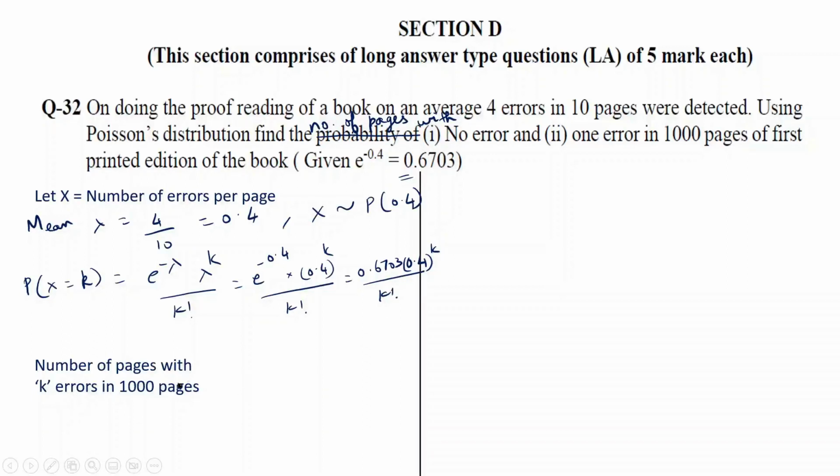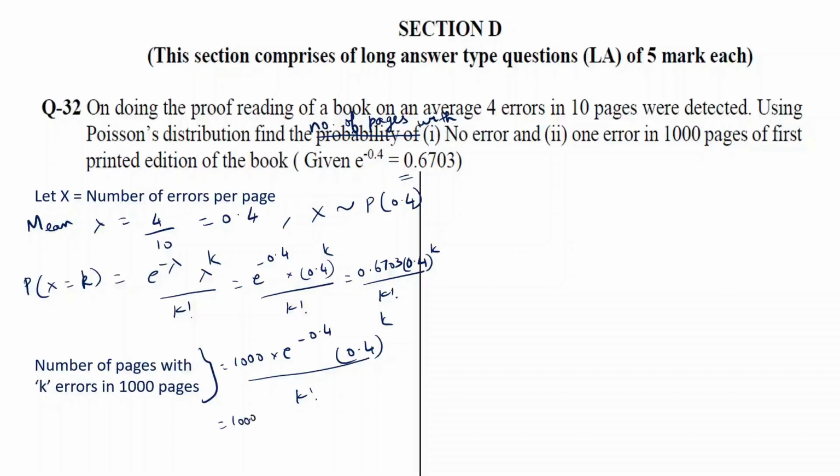So the number of pages with k errors in 1000 pages is given by 1000 into this. So this is equal to 1000 into e raised to minus 0.4, 0.4 raised to k upon k factorial.